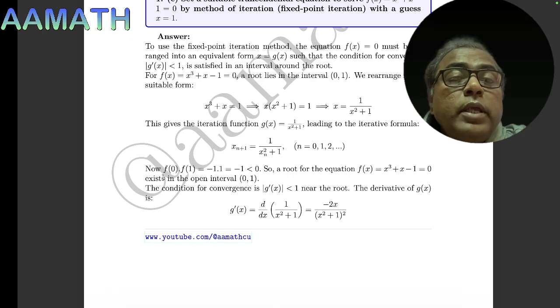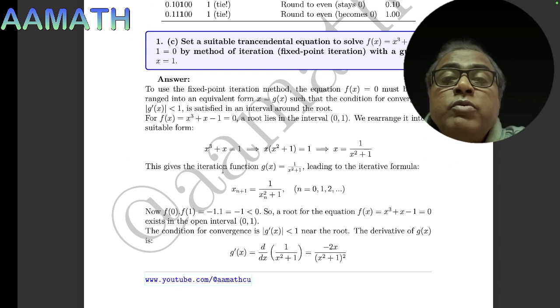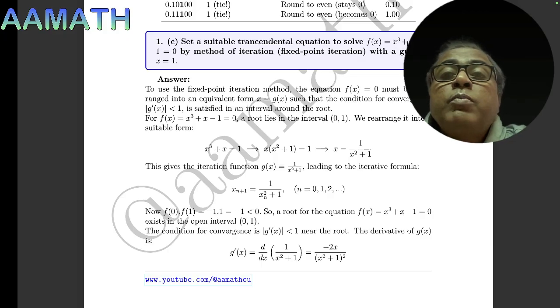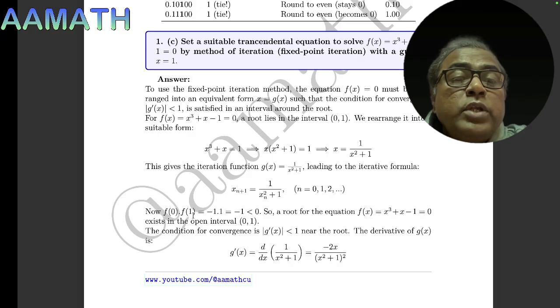Now f(0) into f(1) equal to minus 1 into 1. If we put x equal to 0, we get 0 plus 0 minus 1, so this equals minus 1. And if we put x equal to 1 in f(x), we get 1. So f(0) into f(1) is negative.